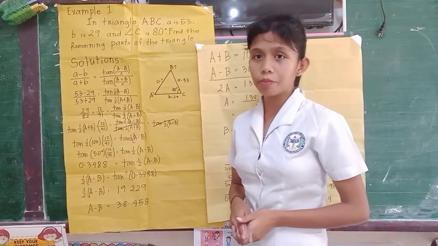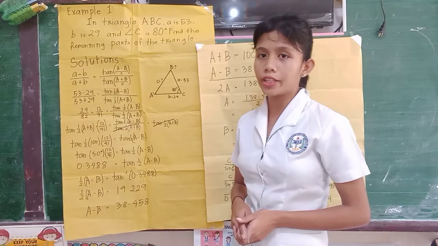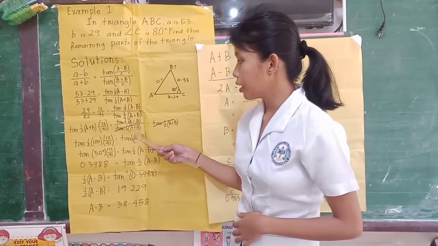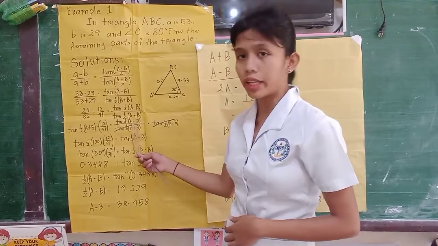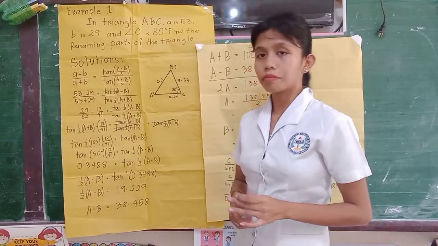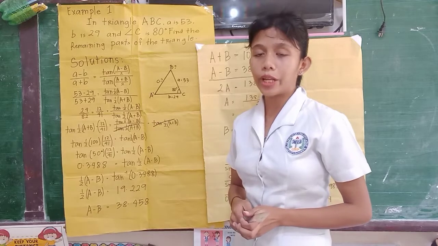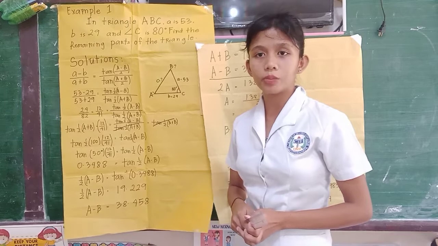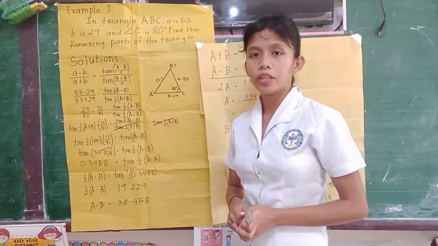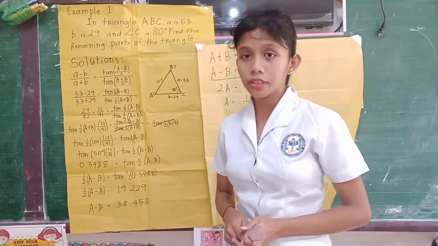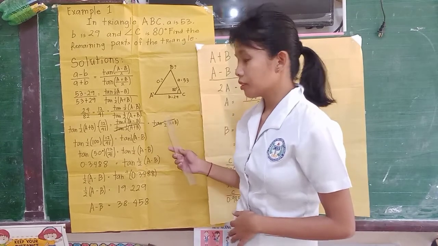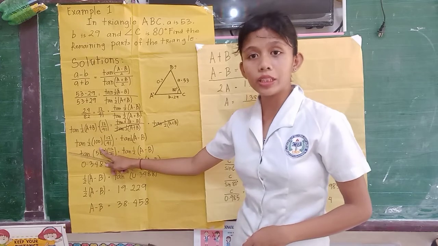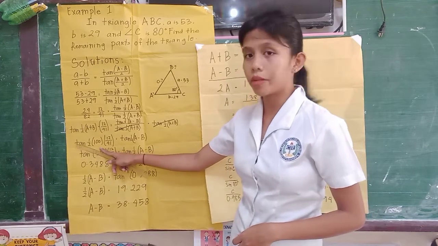Multiply each side by the denominator on the right and we will cancel out tan(½(A + B)). Then remain A plus B. The sum of angles A and B equals 180 degrees minus the measure of angle C. So it will be 100 degrees. Replace A plus B with 100 and simplify.